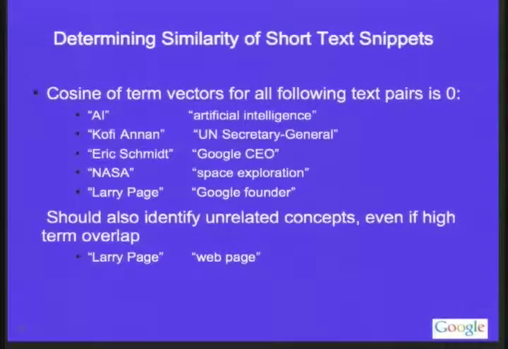So the metric that you want to use to compute the similarity between two pieces of text should split off the possibilities so that the ones that are closely related should be greater than some threshold, and the ones that have nothing to do with each other should be below some threshold, conceptually.